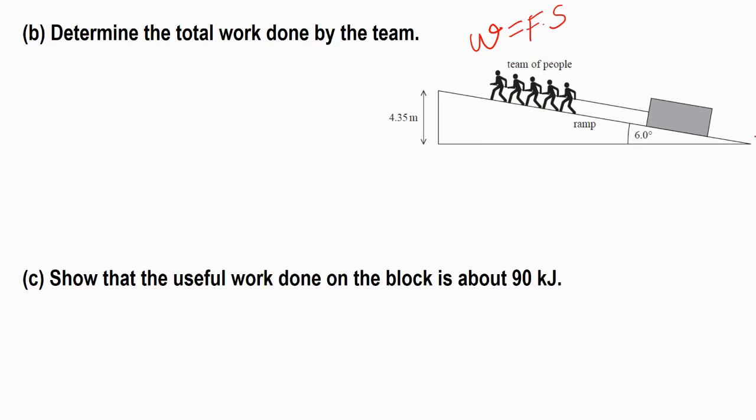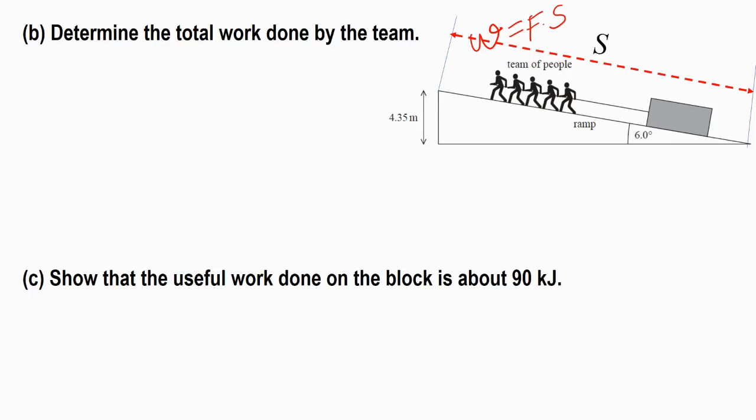What about the displacement? If we consider the right angle triangle, its hypotenuse represents the displacement of the block. From this right angle triangle we know the height, the angle and the hypotenuse.